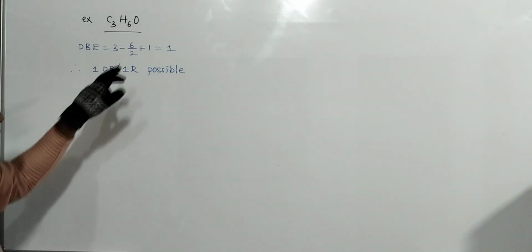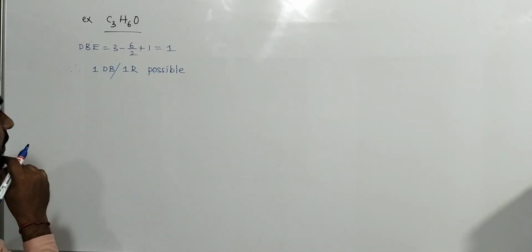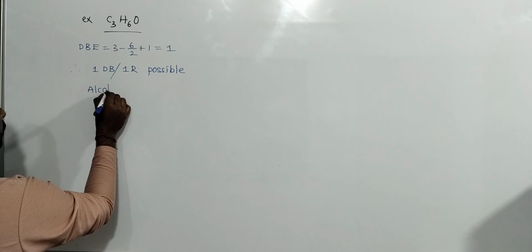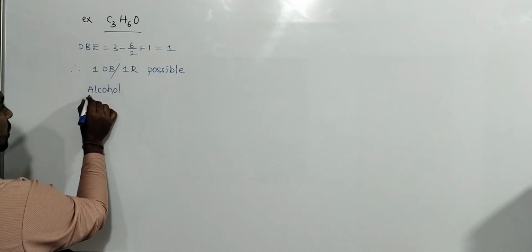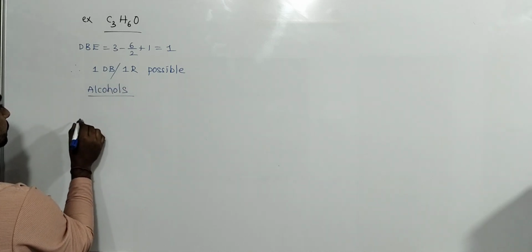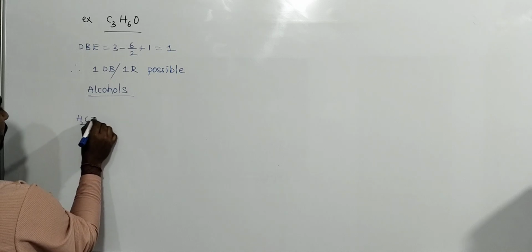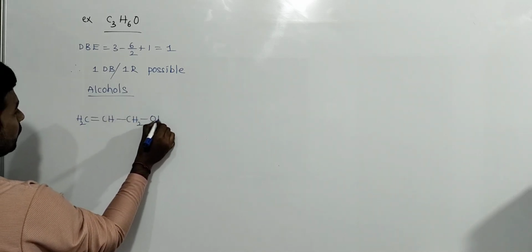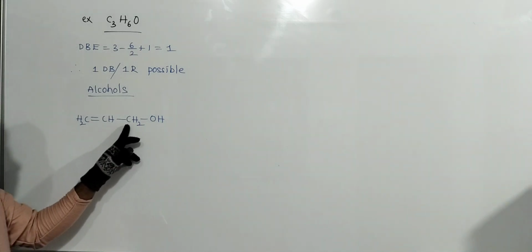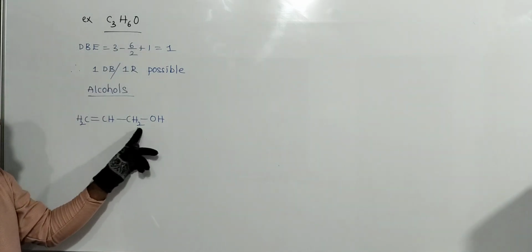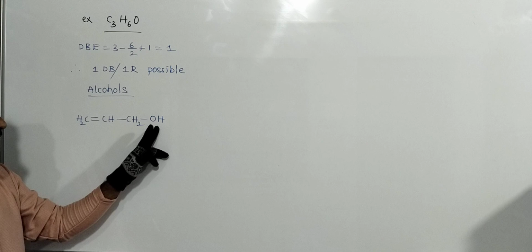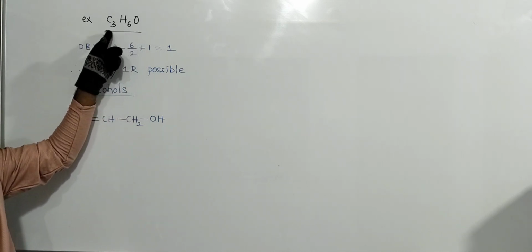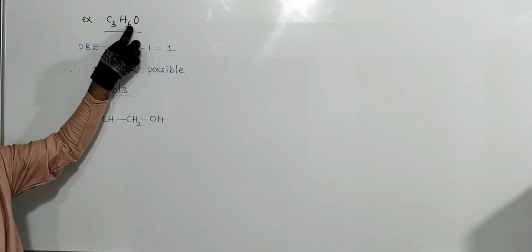So here oxygen is present. So which functional groups are present? Alcohols. Compare number of carbon atoms 3, 6 hydrogen atoms, OH. Alcohol's general formula CnH2n+2 gives C3H8O.